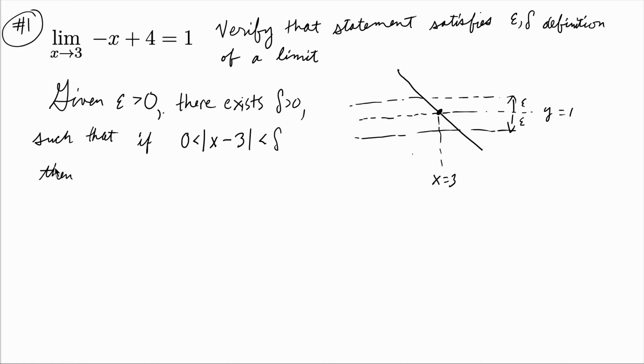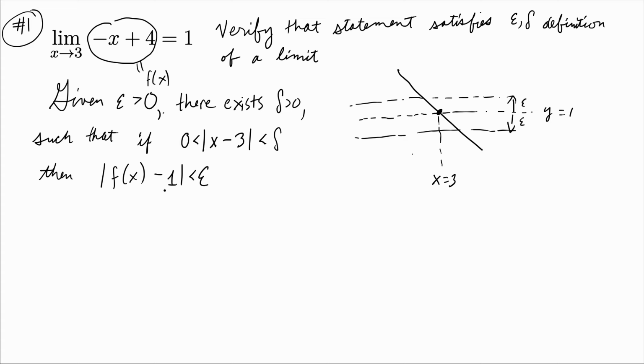Then the distance from the actual function, if you want, call this f of x, and 1 will be less than epsilon. So basically the function is going to be in here. Is there a delta value, a distance away from this point, that would ensure the function would be between these two lines?